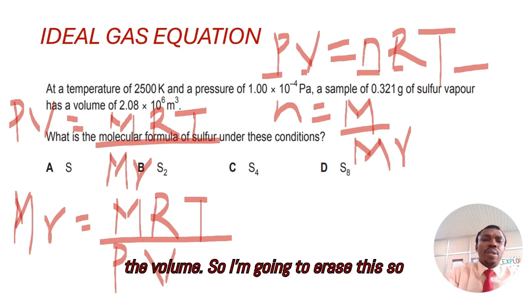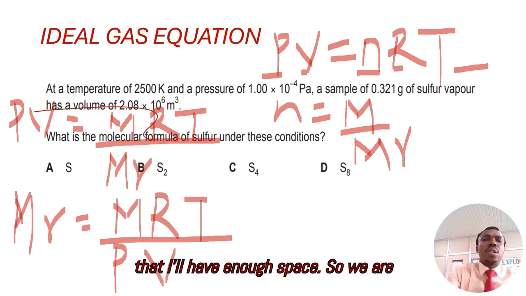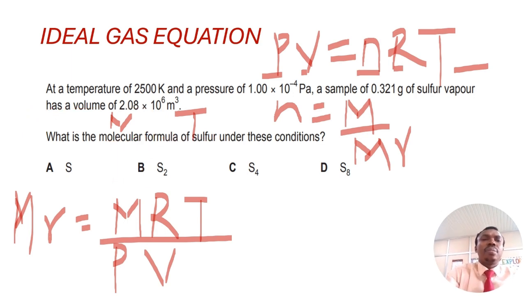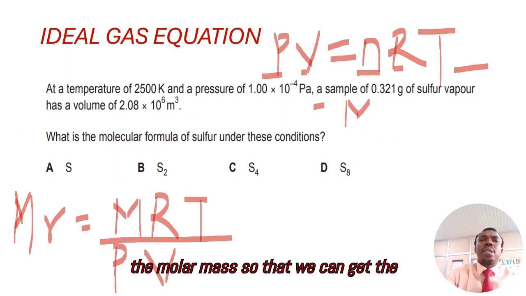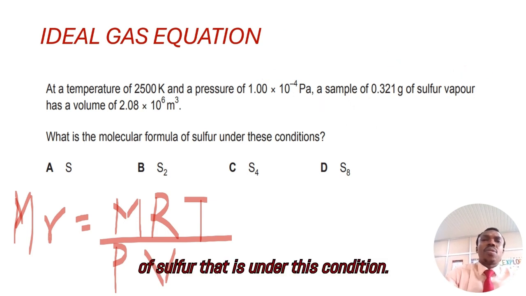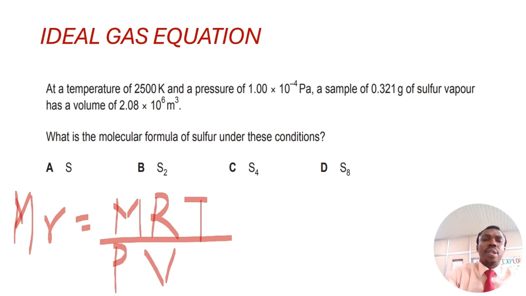So I'm going to erase this so that I'll have enough space. We are to calculate the molar mass so that we can get the molecular formula of sulfur under this condition.